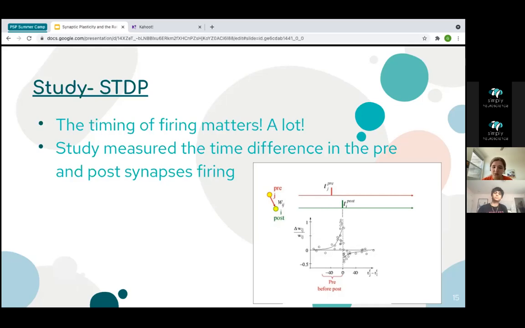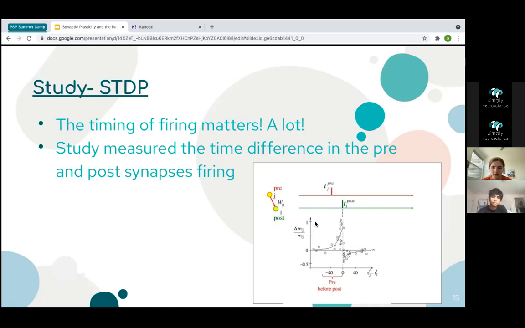If the difference was less than 0 milliseconds, this tended to lead to LTD, or long-term depression, which again is the weakening of synaptic connections. If the difference was above 0 milliseconds, this was shown to lead to LTP, or long-term potentiation, the strengthening of synapses, which was also covered a couple slides ago.